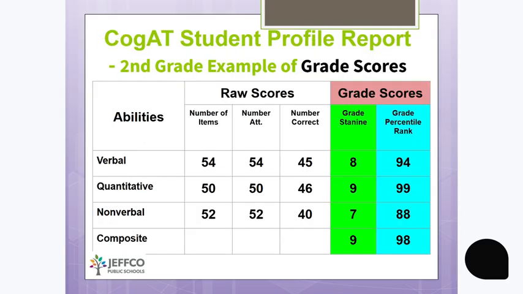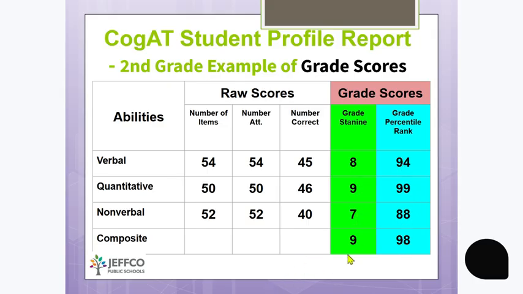But we also look at the grade score, and you'll see that on your student's ability profile as well. You'll see the verbal, quantitative, nonverbal, the number of items, the number attempted, the number correct, and then their grade scores. This is against all second graders. It doesn't matter what their age is, it's against their grade. So the grade stanine here is an 8, and the percentile rank.